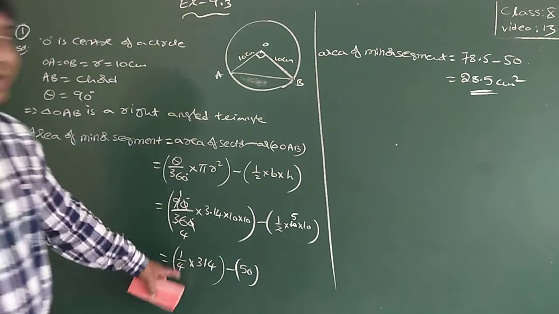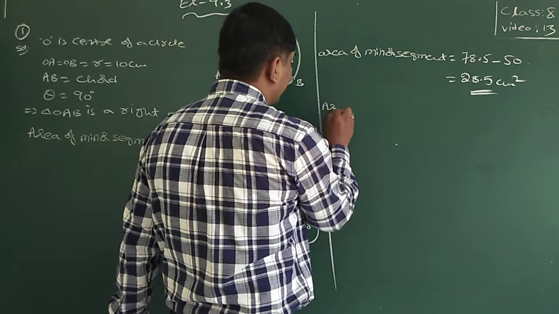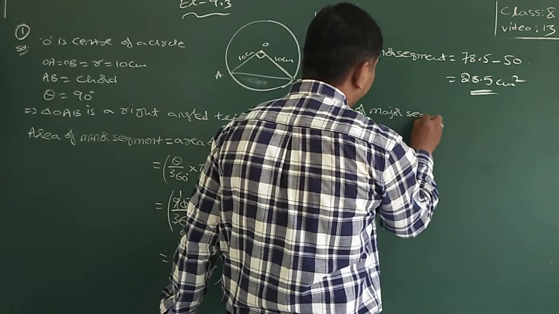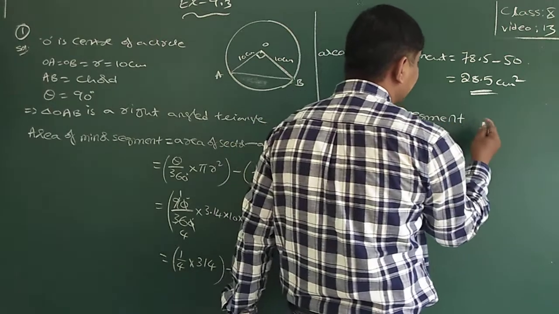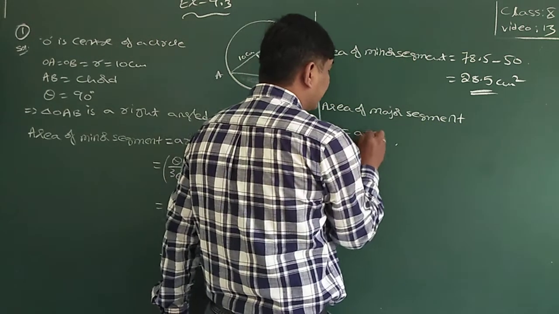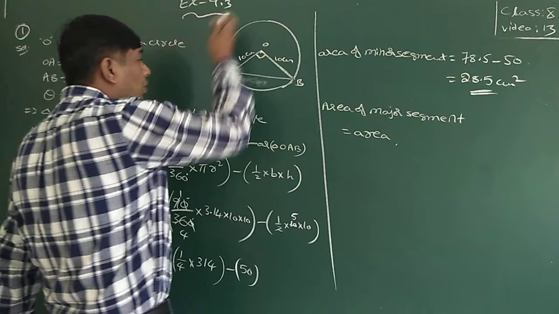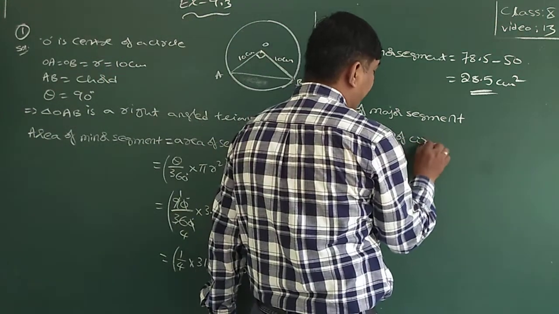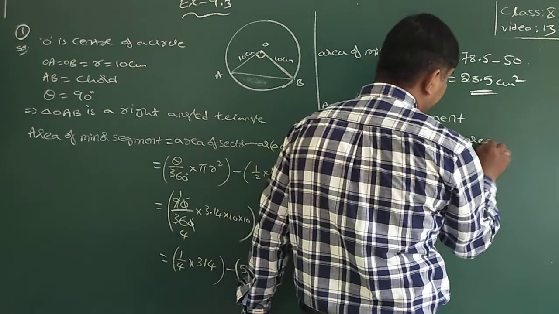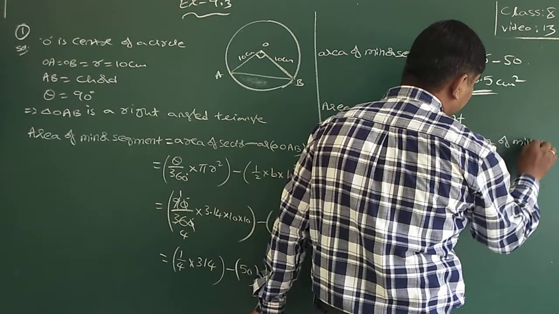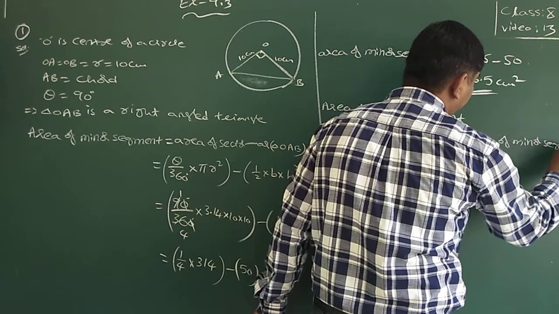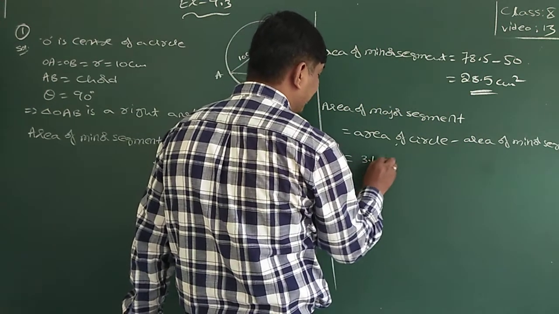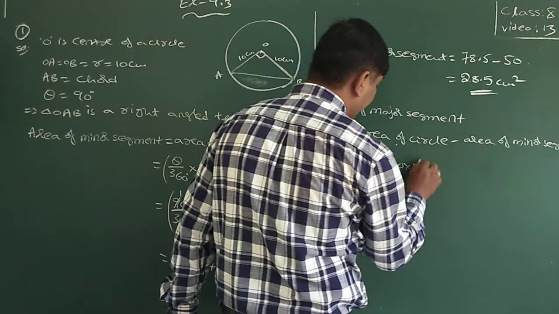Now what do you require here? The area of the major segment. Area of major segment is equal to area of circle minus area of minor segment. From the whole circle, if I subtract the minor segment, that's enough. The area of a whole circle is 3.14 into 10 into 10, pi r square.